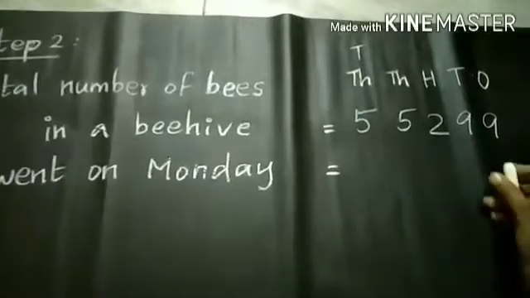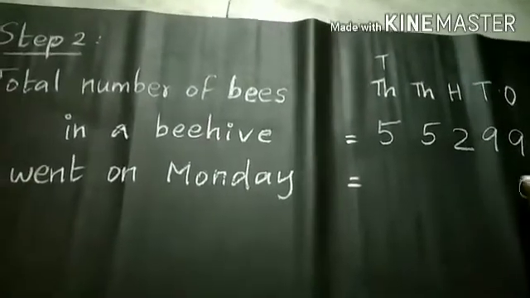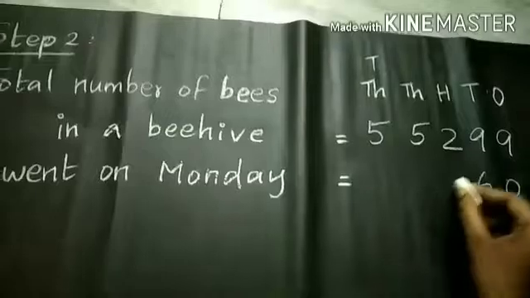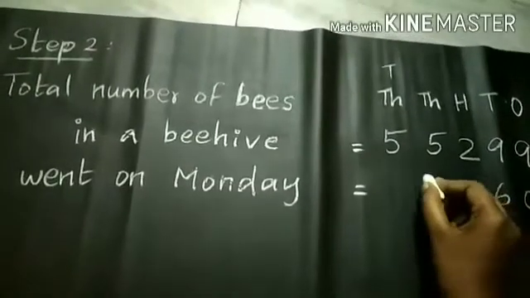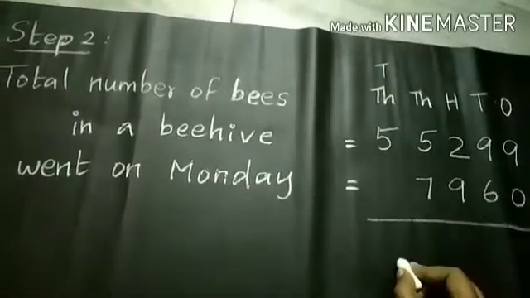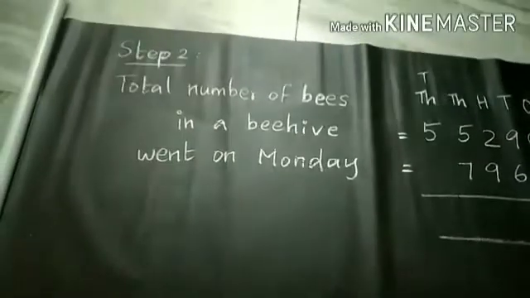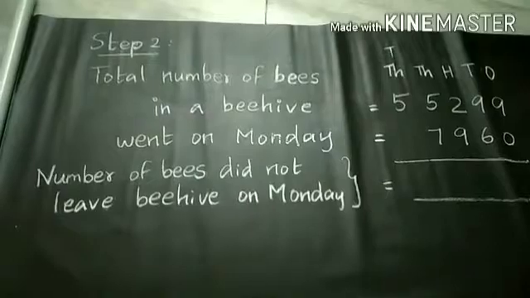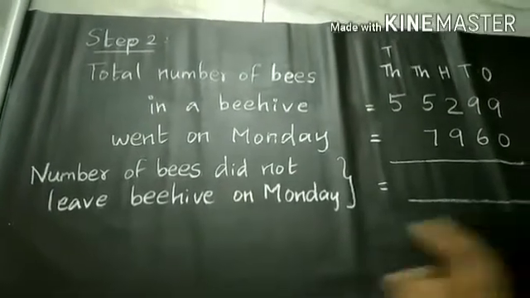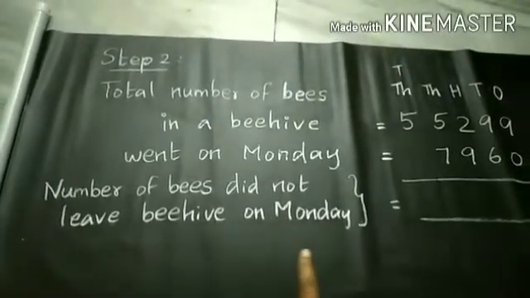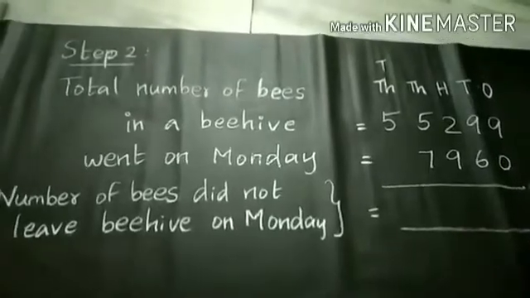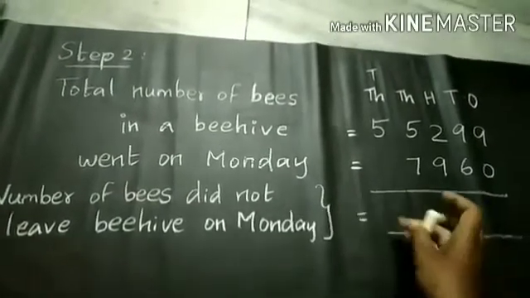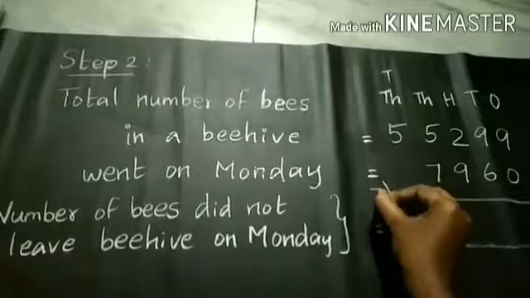Then write number of bees went out on Monday is equal to 7960. Write the number from right to left.